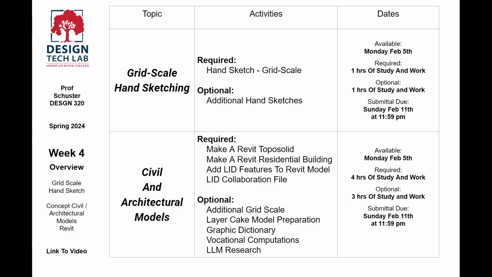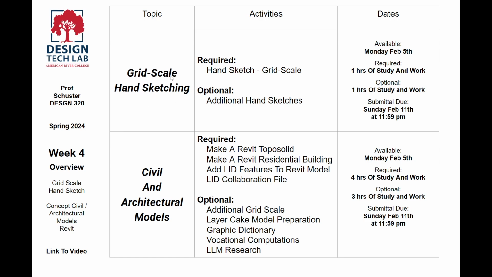All right, so week 3 is in the books, and now we're getting ready to start week 4. We're getting into some different applications now. We're going to still do a little bit of hand sketching, and we're going to do something called grid scaling.